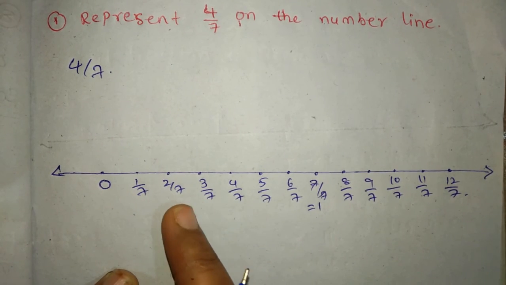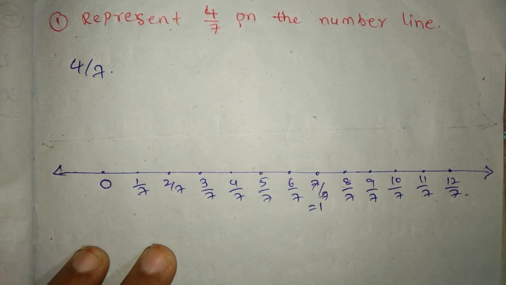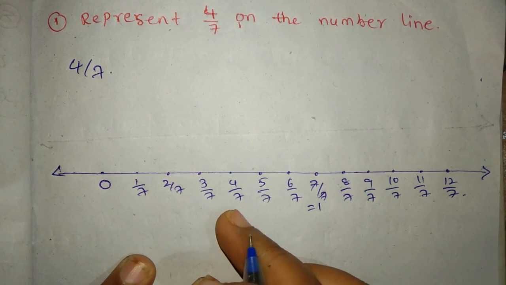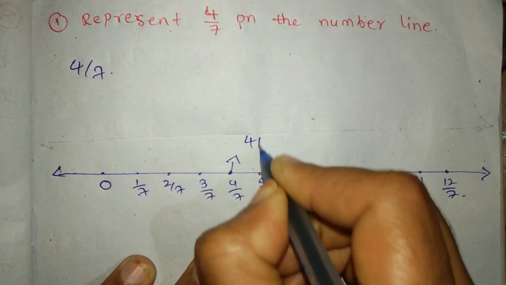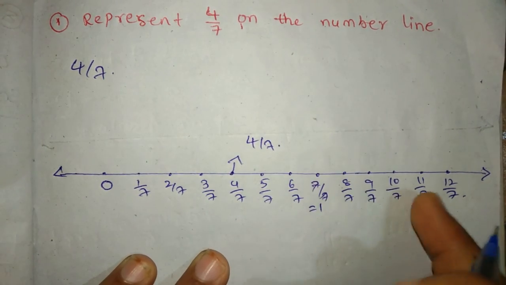So now we will take each part as 1 out of 7. So in this number line, this represents 4/7. This is 4/7 on the number line.